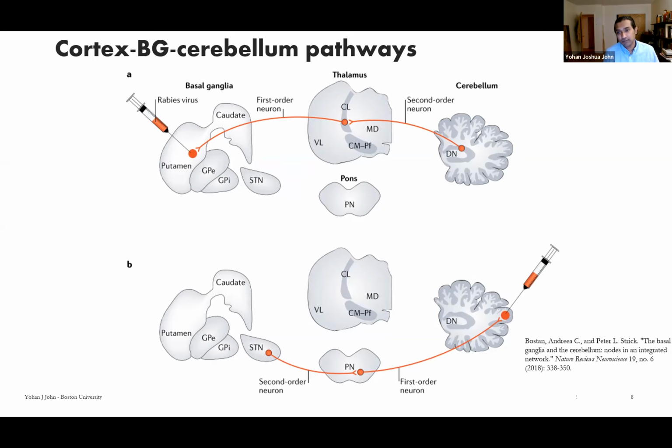In those injections, you can do retrograde, anterograde, or both, but they only go one hop. That's what people tend to use now, plus optogenetics, which is physiological, but you can infer how far something is based on timing.